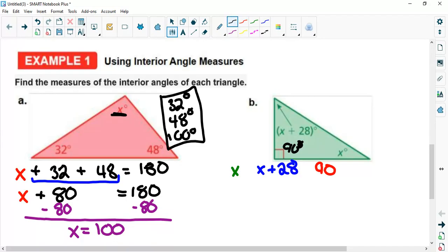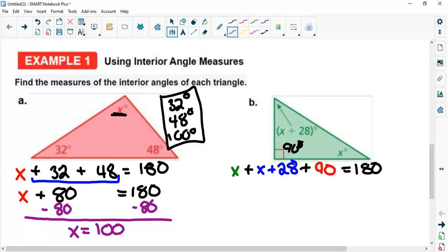And if I add those together, they equal 180 degrees. We go ahead and use our equation solving skills.